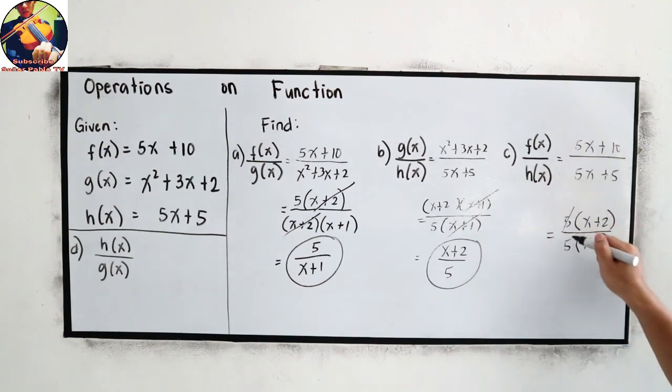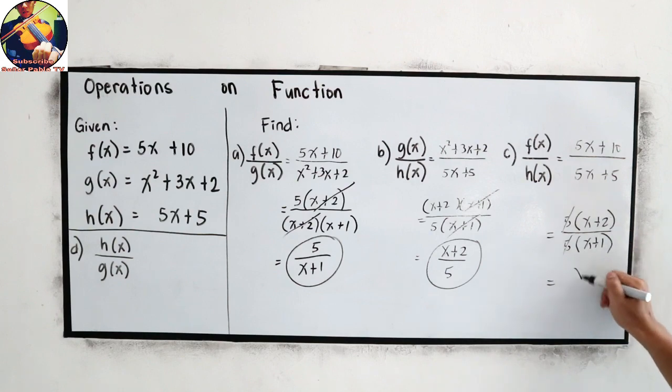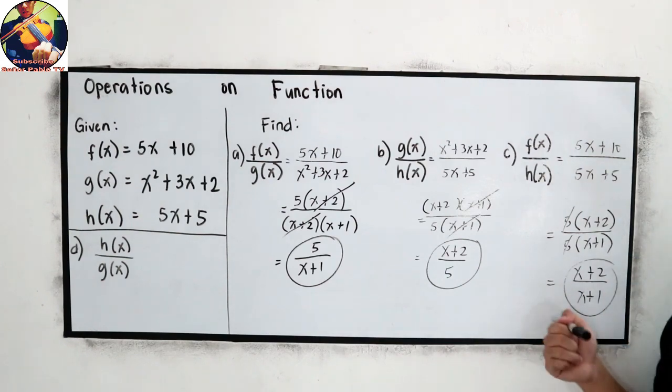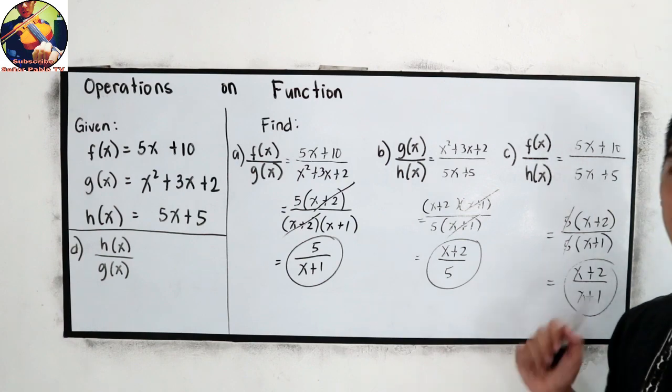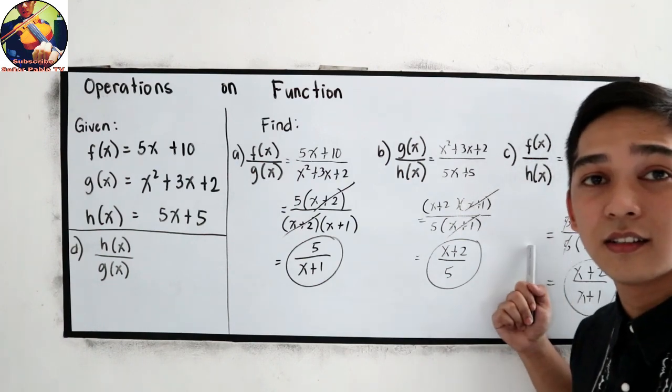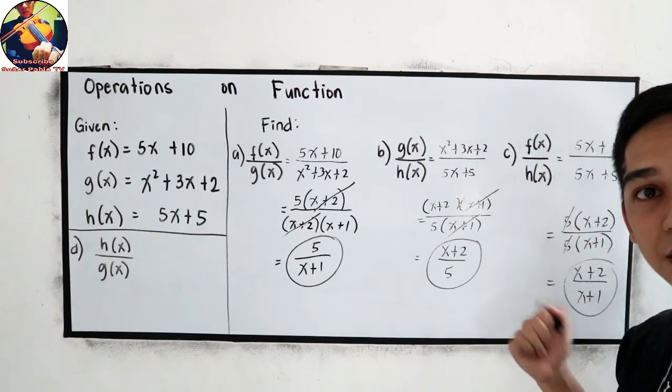So we can cancel 5. So our final answer is x plus 2 over x plus 1. Did you get letter C? Do we have the same answer?